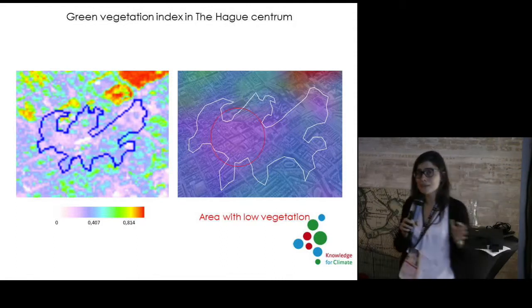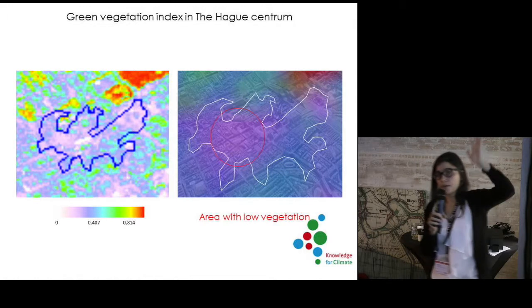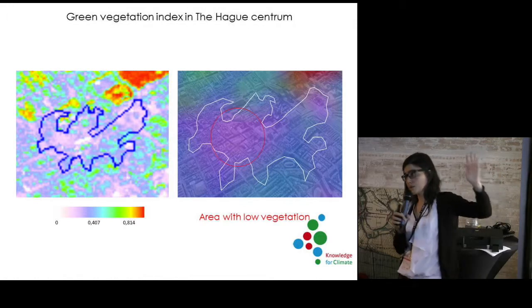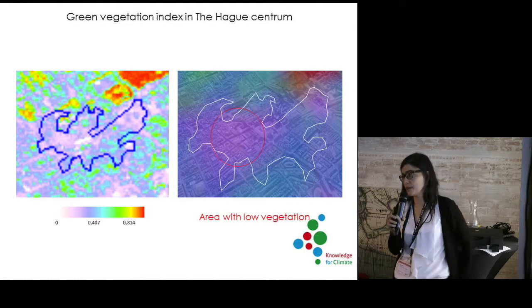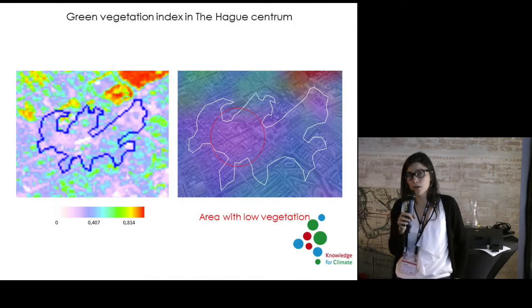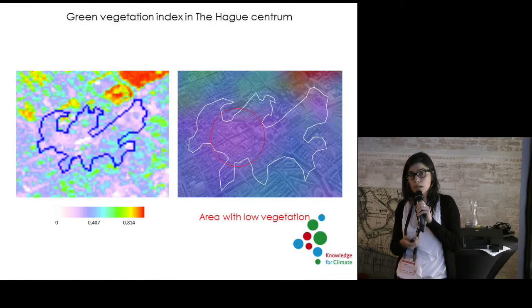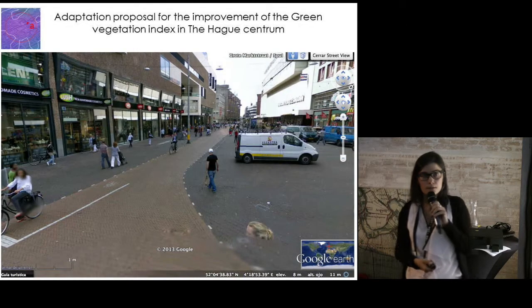To follow the reasoning, the idea is to identify what factors could be influencing the high ground flux accumulation in that part of the city center.